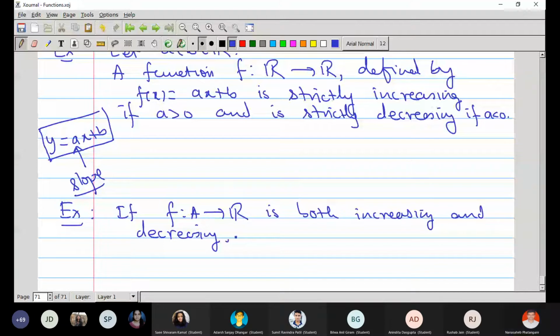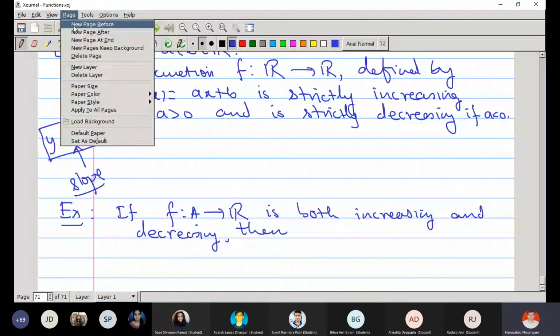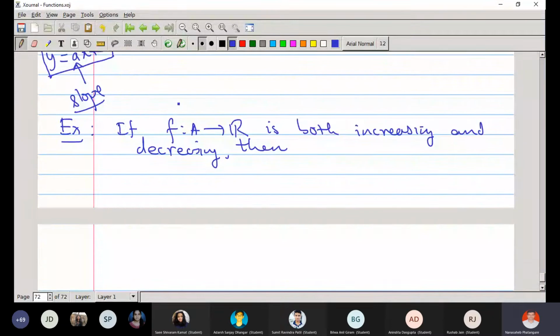From your previous knowledge, a constant function, right? So if a function f is both increasing and decreasing, then f is a constant function.